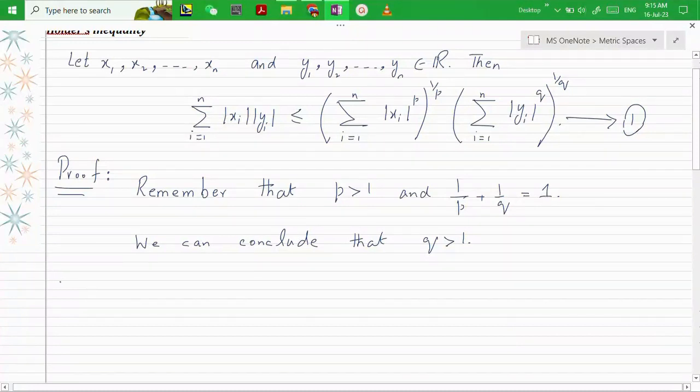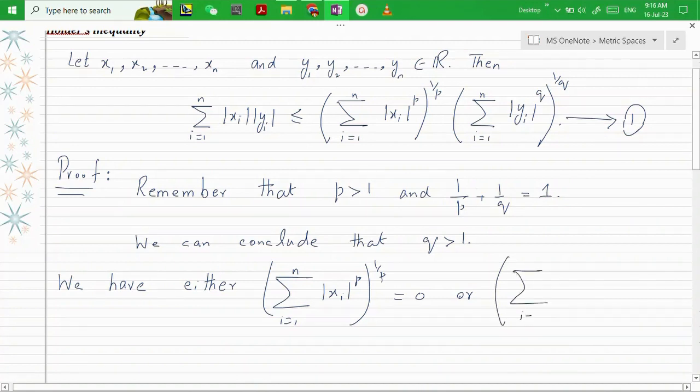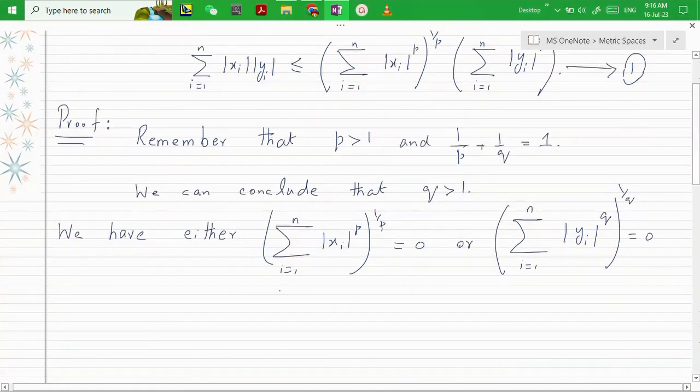We may have either the first number equal to 0, or the second number equal to 0. That is one possibility.